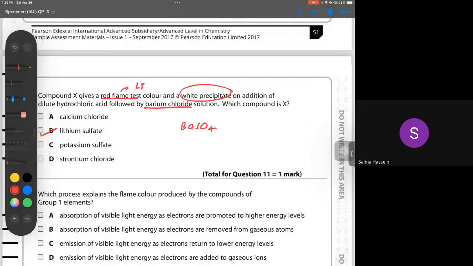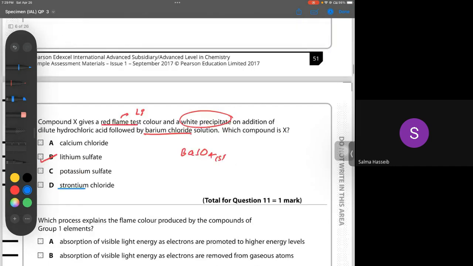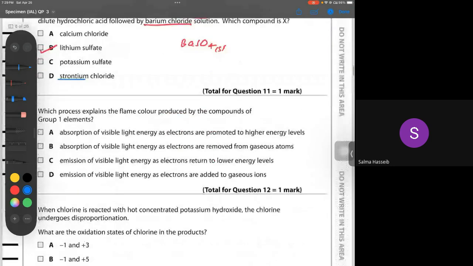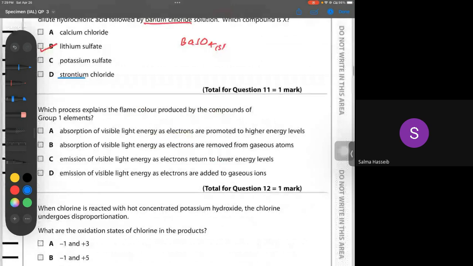Barium sulfate is a white solid. So in option B, you can see the sulfate as well. Strontium also gives a red flame color, so then we have to check the anion as well.